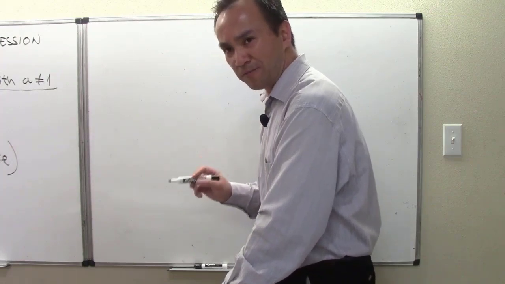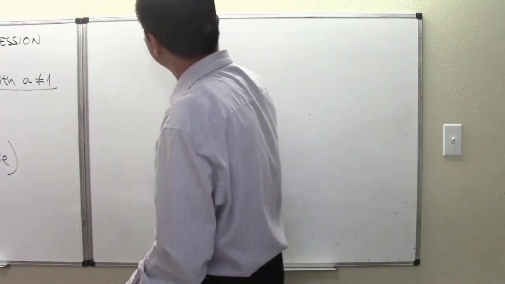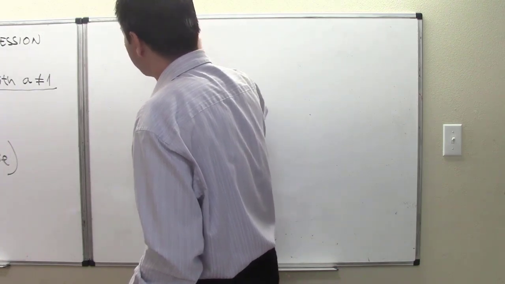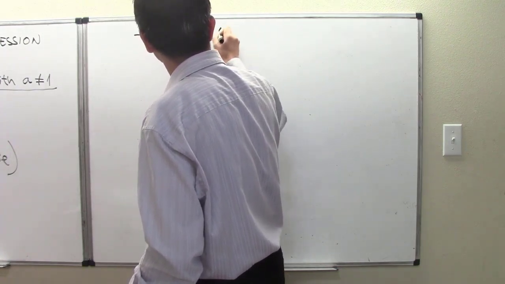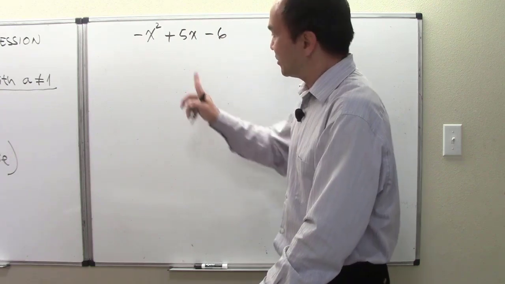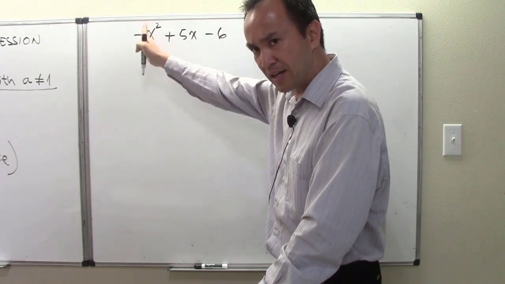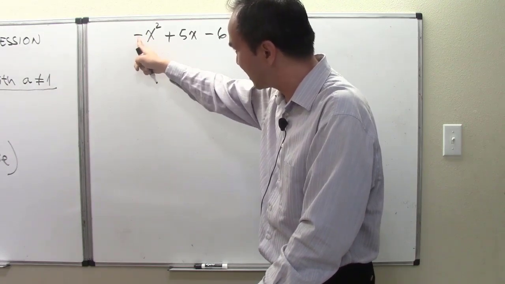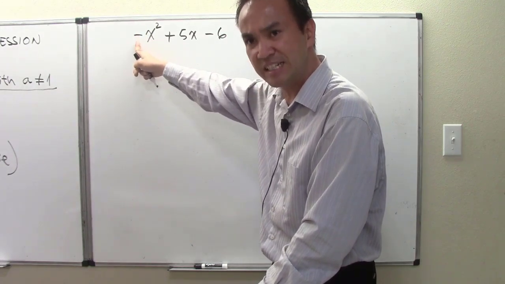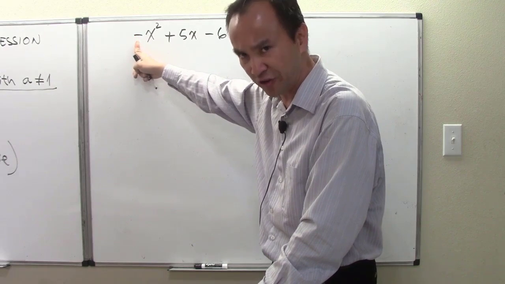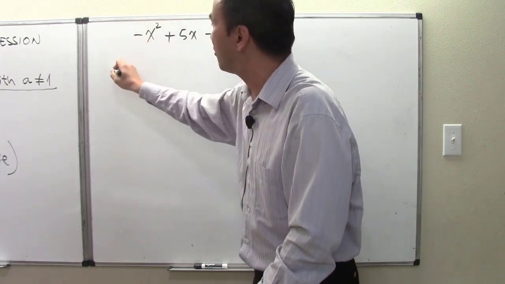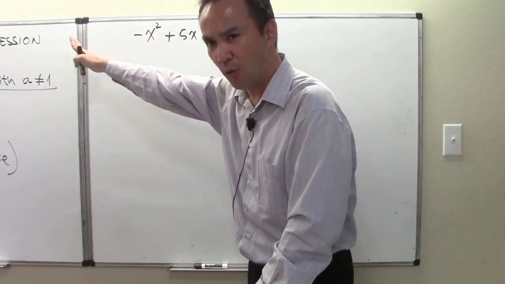So for this quadratic polynomial, minus x squared plus 5x minus 6, anytime we're having a -1 leading coefficient, I would like to introduce the idea that anytime we're having a negative leading coefficient, it could be a -2 here, -5 here as well, let's factor out the negative 1 factor.